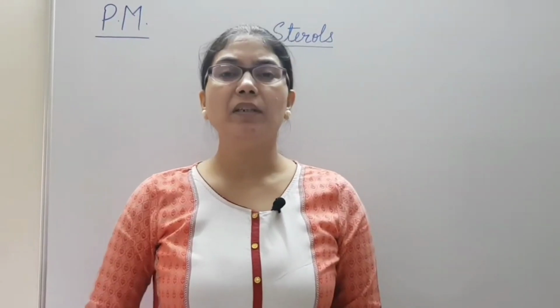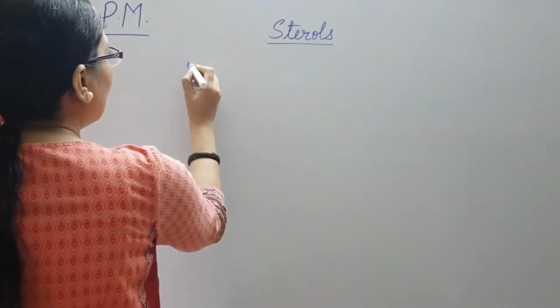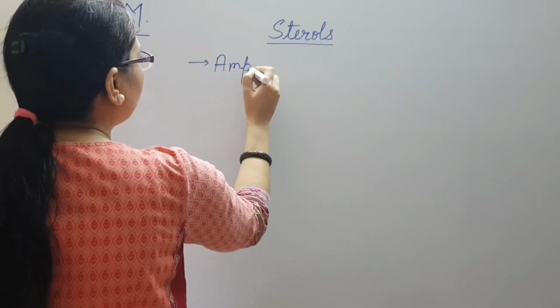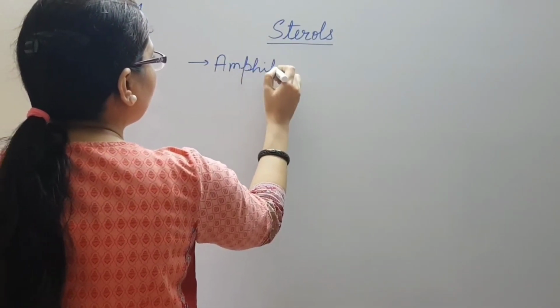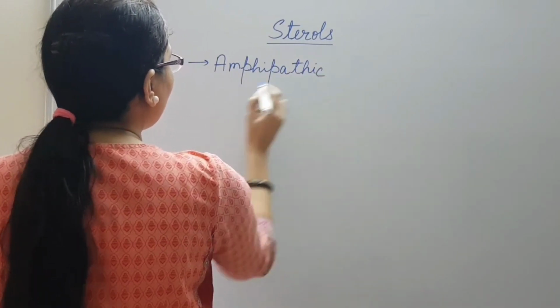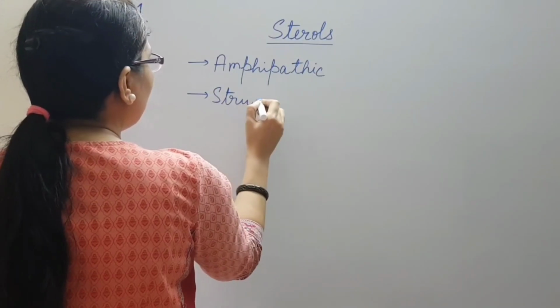The third type of lipid present in plasma membrane is sterol. It is amphipathic in nature. It is a structural lipid.